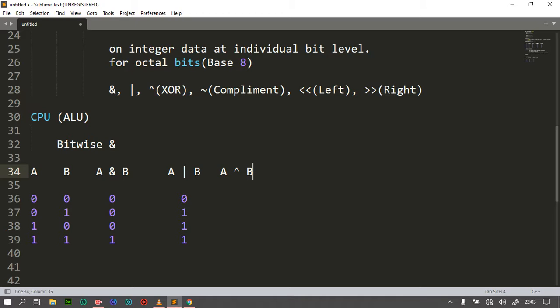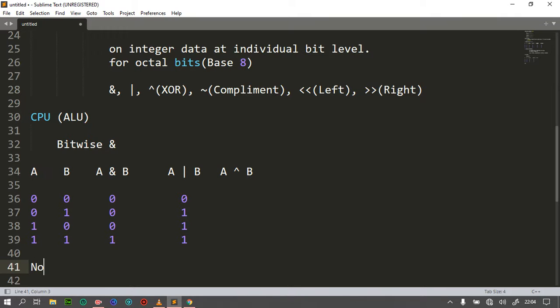Exclusive OR, listen to me very well. It is false when both are false, and it is false when both are true. Otherwise, it is true when any one of them is true.